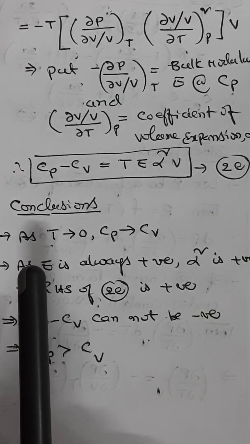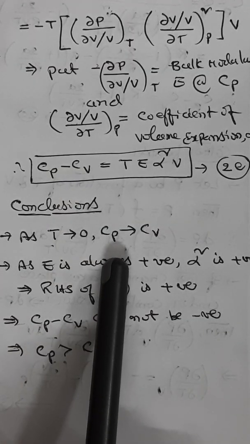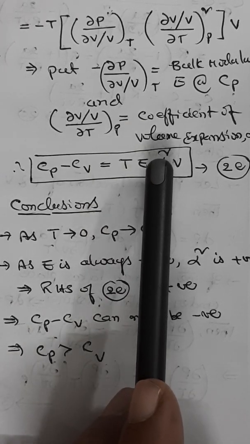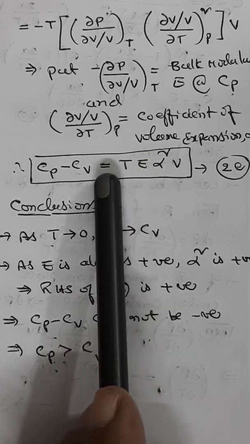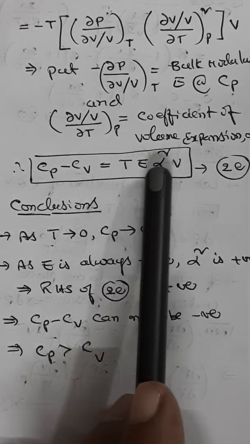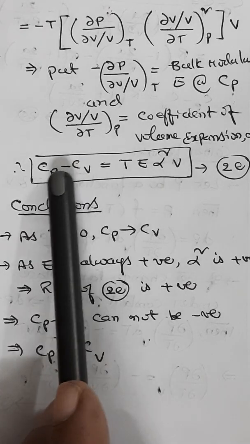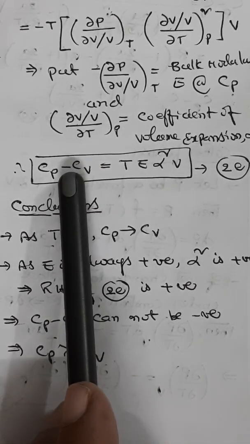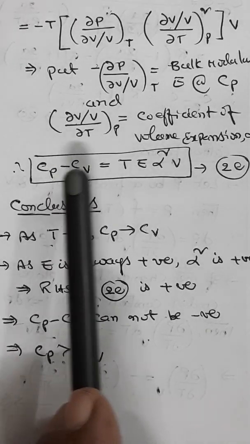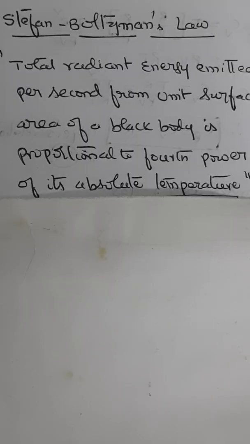Similarly, E is always positive for all known substances, and alpha square is again always positive. Hence the right hand side of this equation is always positive. That means Cp minus Cv can never be negative, so Cp is always greater than Cv. This is what we can conclude from this.